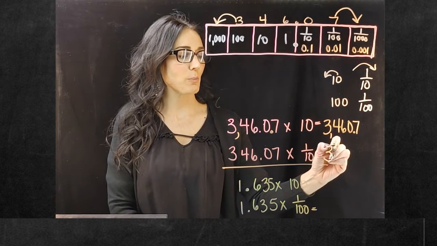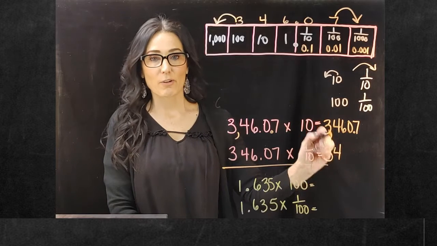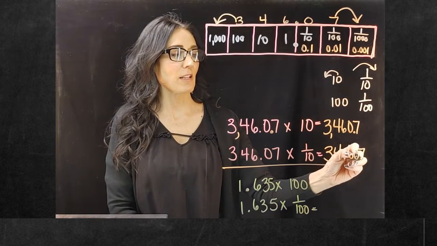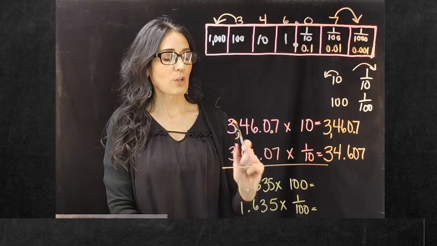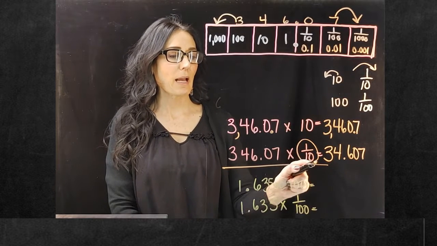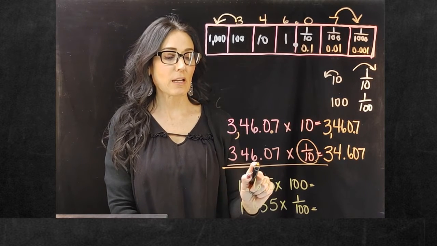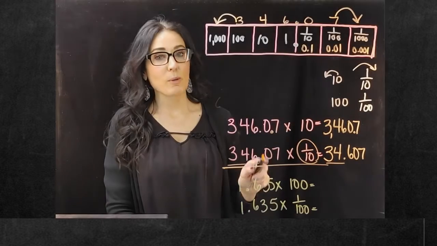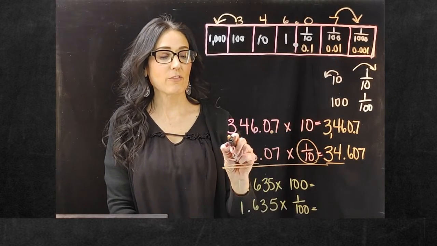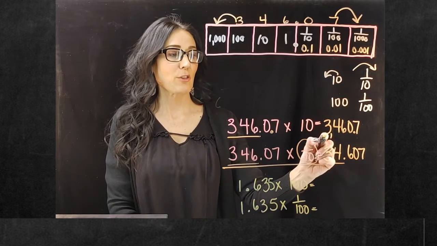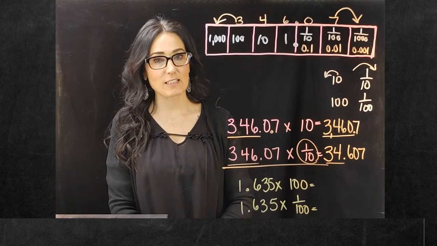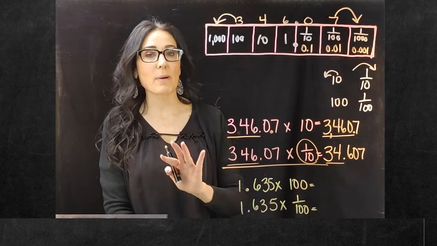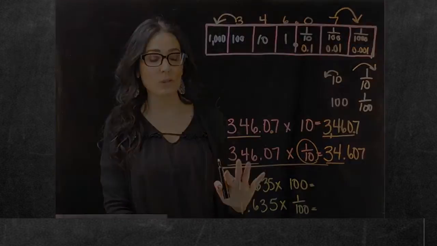So our final answer would be 34 and 607 thousandths. So notice what we've done here. When we multiplied by a fraction, instead of 300, we now have 30. It's 10 times smaller. When we multiplied by 10, we went from 346 to 3,460. So that is just an example of how numbers change when you multiply by fractions versus a whole number.